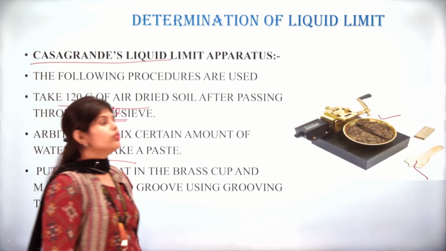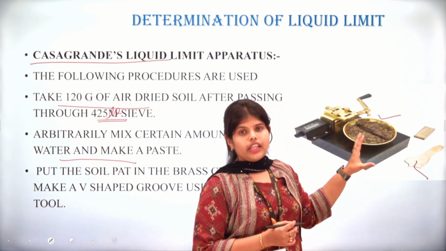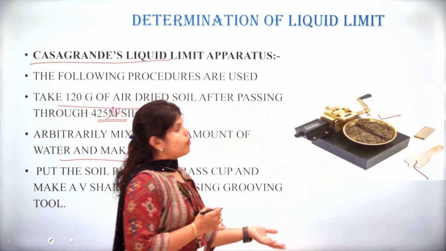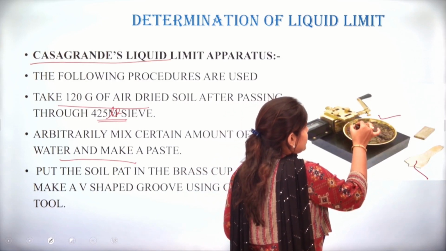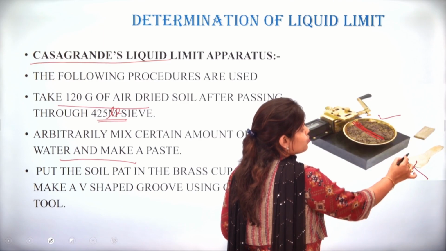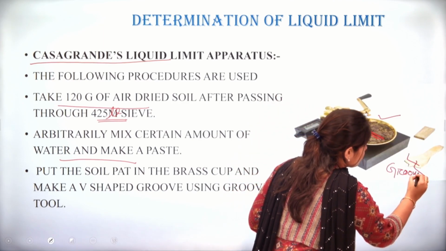Next, arbitrarily mix a certain amount of water and make a paste. We add some water to the soil and make a paste. After making the paste, we cut the soil in a V shape from the middle of the plate by using the groove.